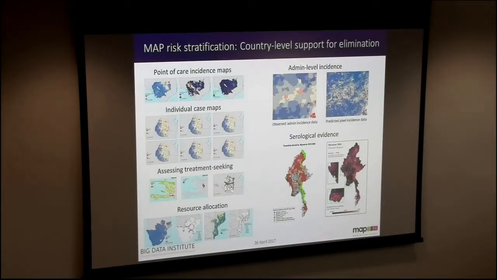So here is a snapshot of the type of country-level work that we've produced. From health facility observations of number of cases, we can produce maps of predicted incidence. So how many cases would we predict to be in each 1 kilometer pixel of that country each year? From individual household observations of where cases are, we can run a point process model to predict incidence.